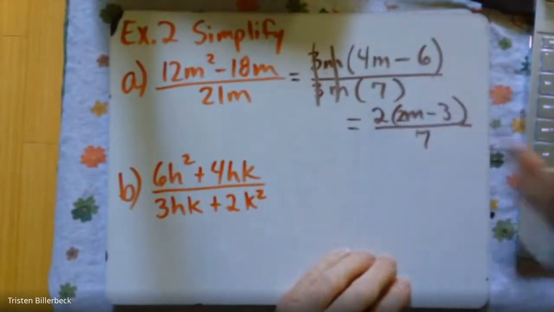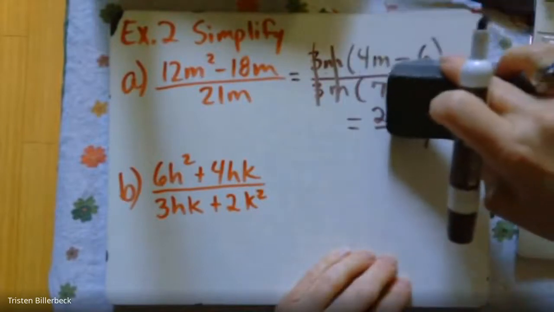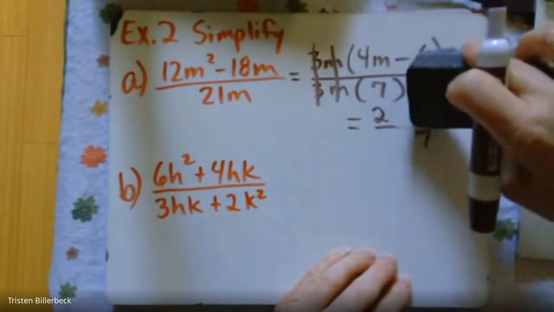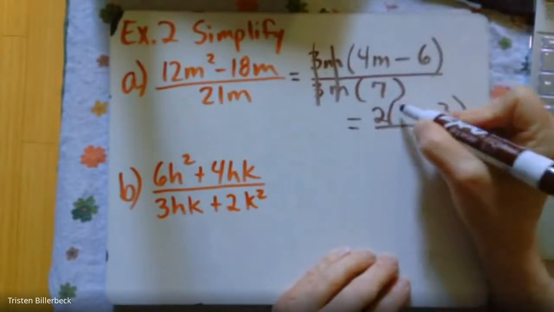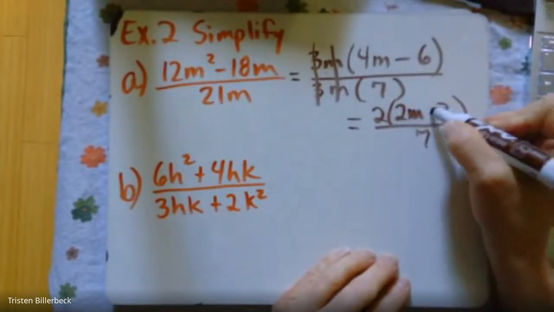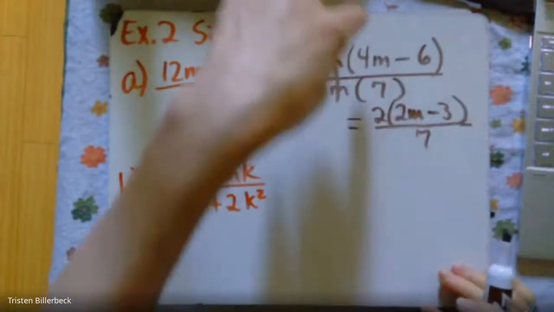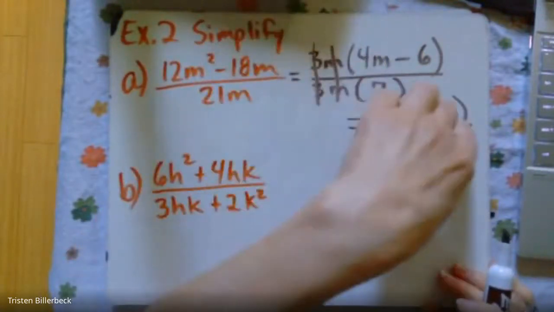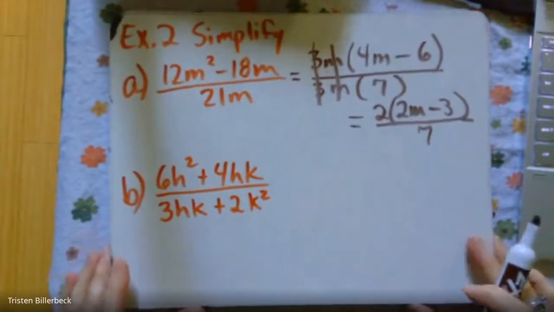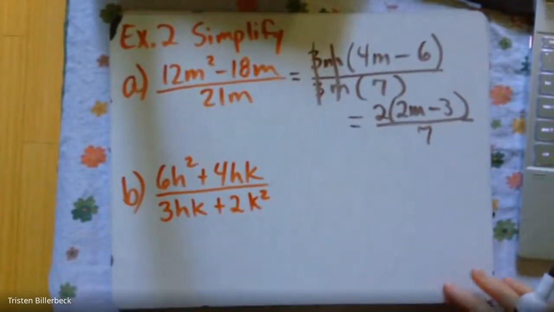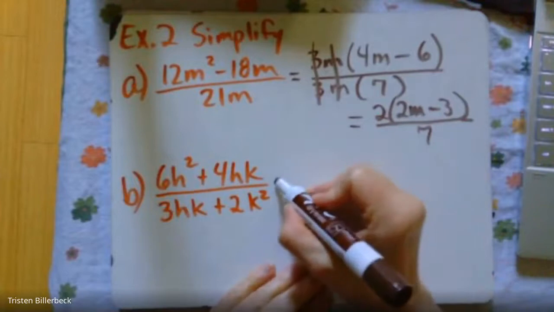Okay, sorry. Let me fix that. That was almost a little mistake on my part. So 2 times 2m minus 3, because 2 times 2m is 4m, and 2 times 3 is 6. So that would be your answer. We always must check our work. Everyone makes mistakes.